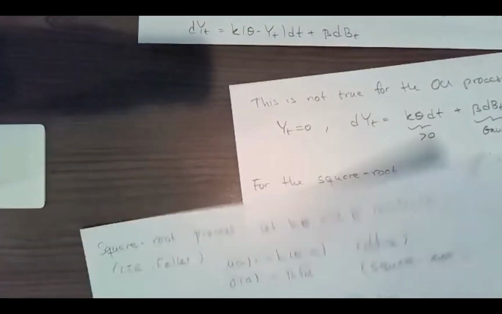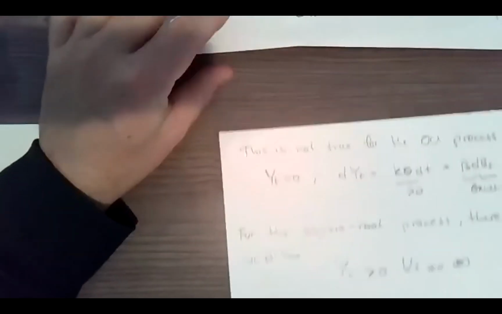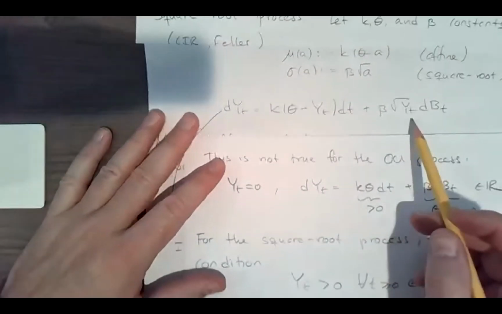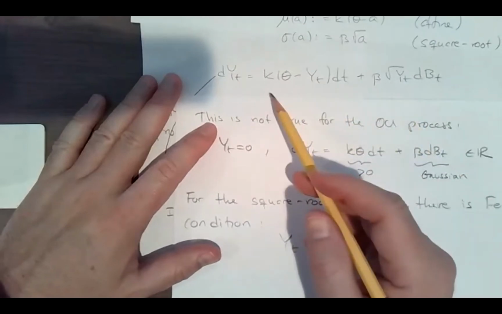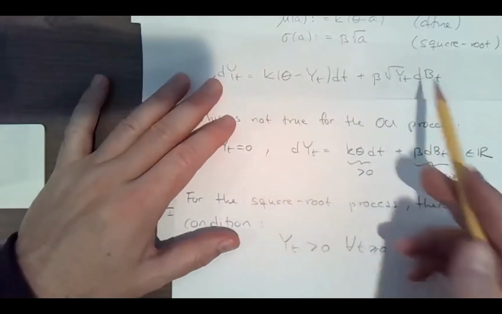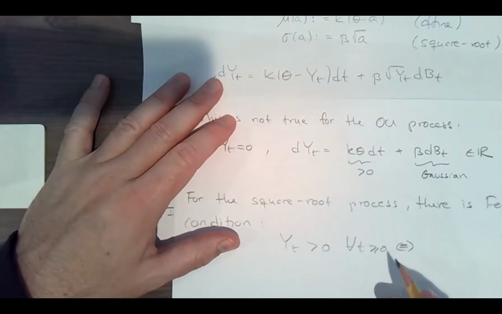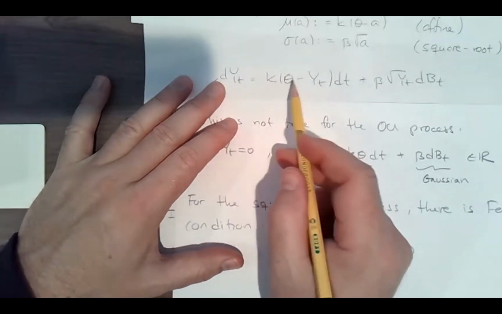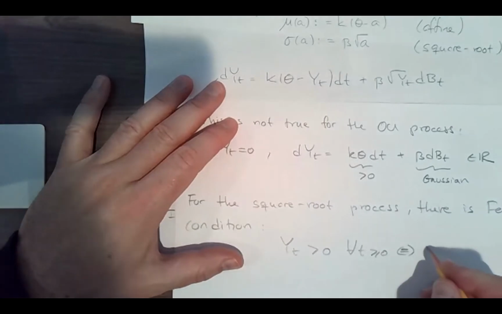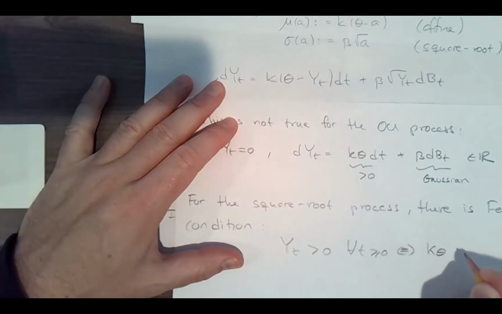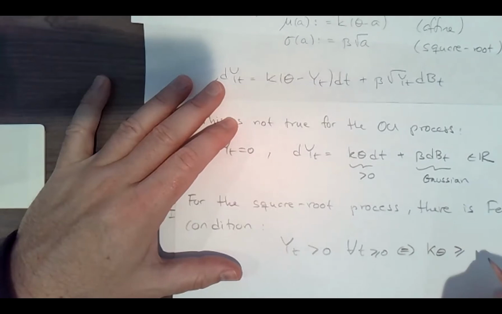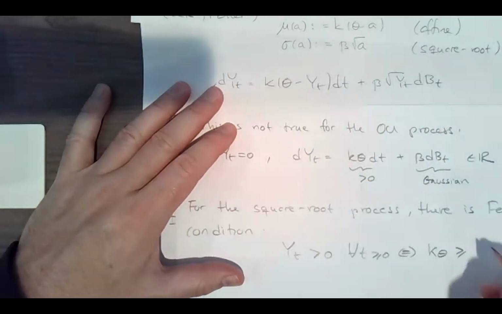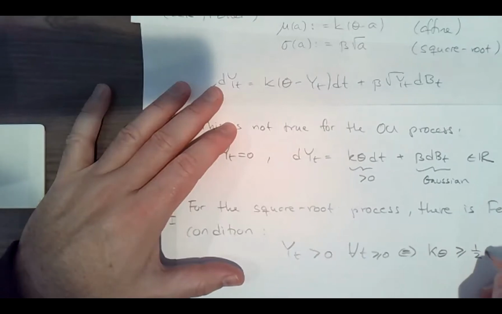Feller's condition says that the process with the square root part in the volatility, the solution to this SDE, is strictly positive if and only if the drift is big. So that's my kappa theta, the one we had before. And what does it mean to be big? It means that it is bigger than 1/2 times beta squared.